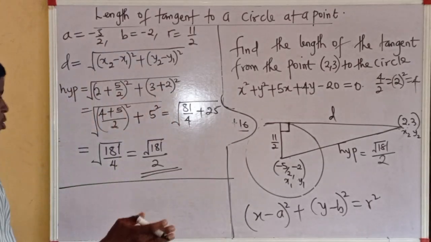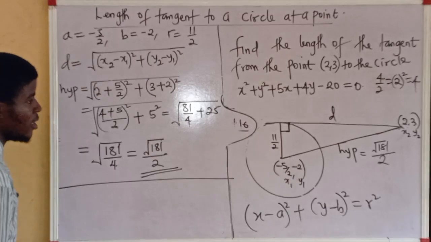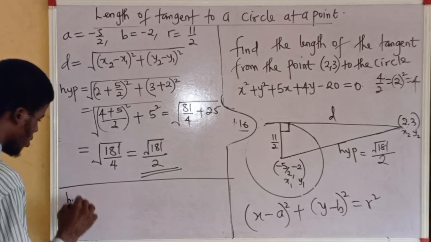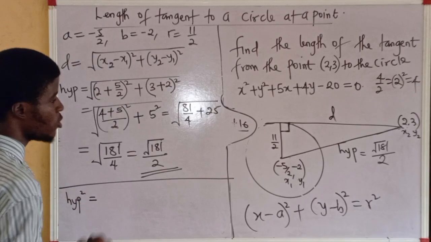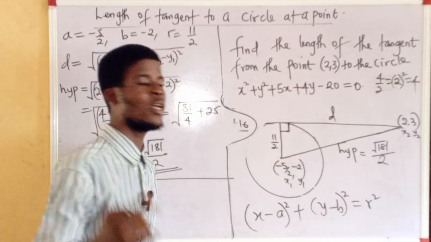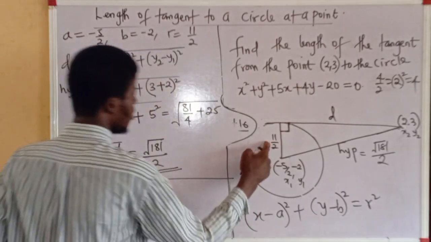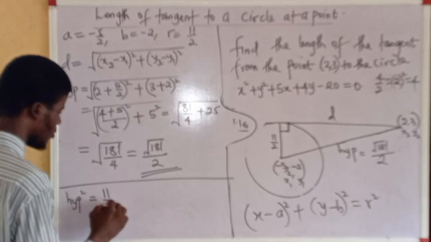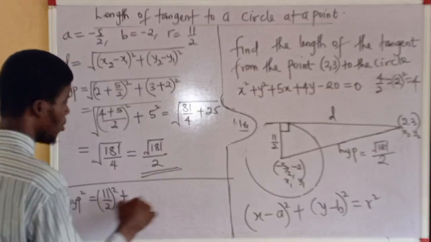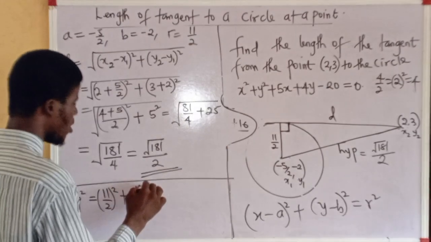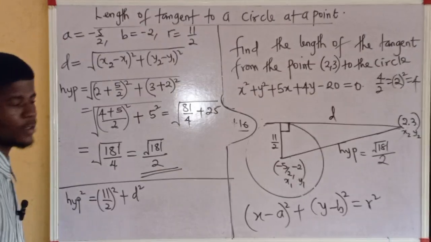So by Pythagoras rule, like I said earlier, the square of the hypotenuse is equal to the sum of the squares of the other two sides. So 11 over 2 squared plus d squared. And d is the length of the tangent.